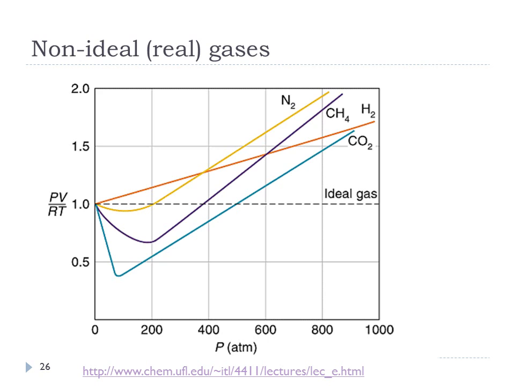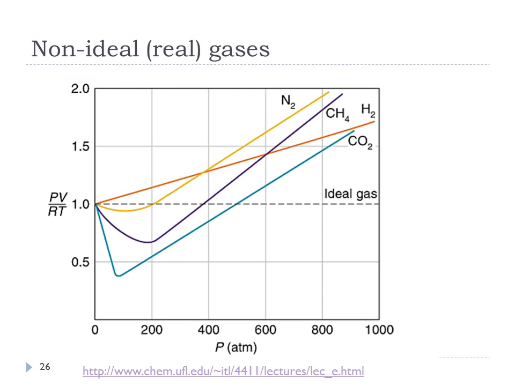So what's happening here is that you increase the pressure and PV over RT gets as low as about 0.4, and then as you increase pressure again, you're now getting to the point where they're so close together that the repulsion is starting to take over, and they're pushing each other away, and you can actually get to the point where, once again, the ideal gas law is technically valid, right?